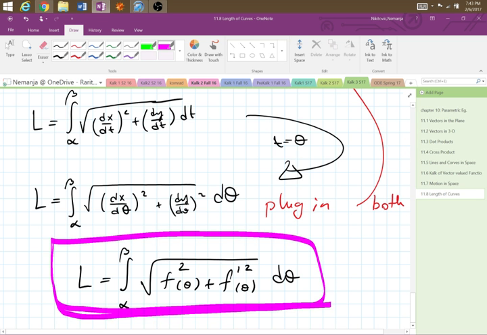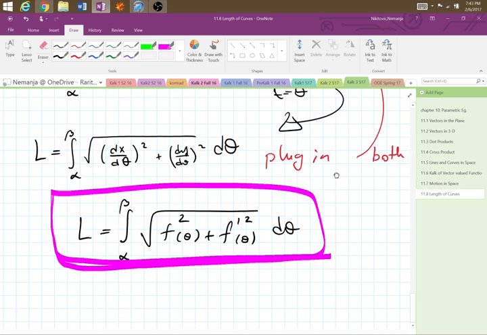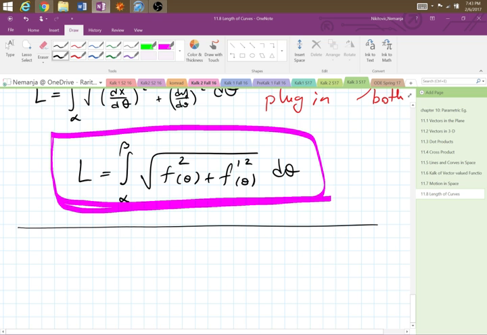All right. Example time. So problem, I don't know, whatever. Problem 36. Find the length of the spiral.